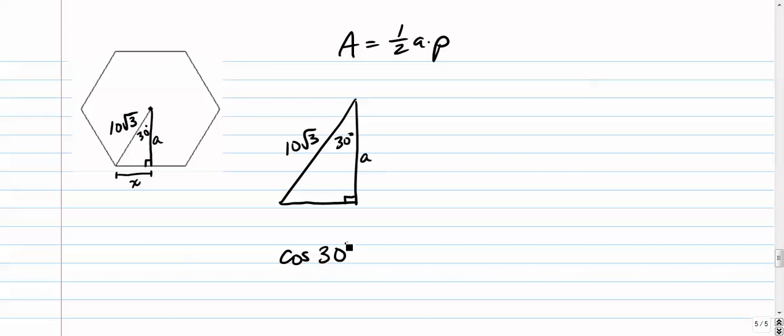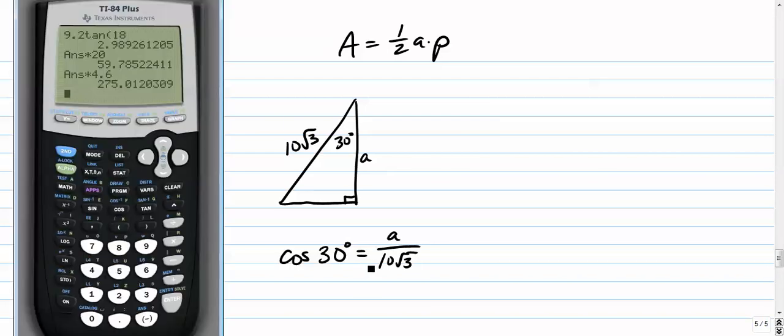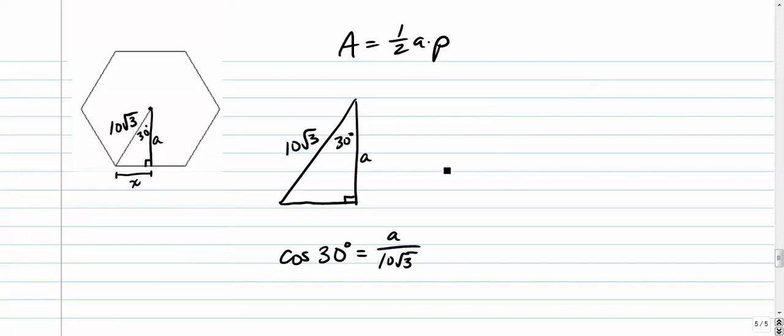Cosine of 30 is adjacent over hypotenuse. So I'm going to go 10 radical 3, get out from underneath that square root, times cosine of 30. And we get 15. Nice, neat number. That's cool. 15.